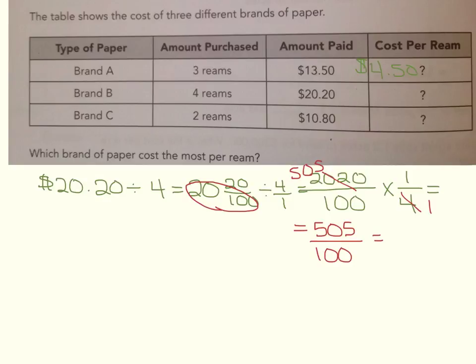Let's make it into a mixed number since it's an improper fraction. So 100 goes into 505 5 times, with 5 out of 100 left over. We can write this as a decimal, so we have 5 and 5 hundredths. So for brand B, you end up paying $5.05 per ream.